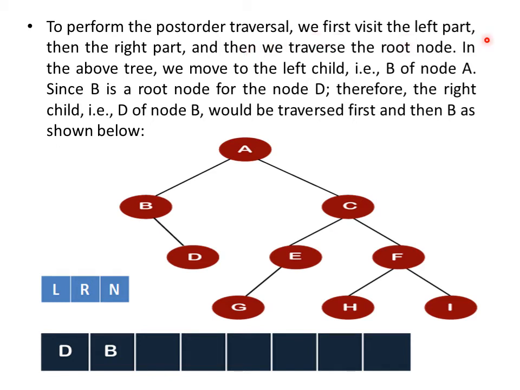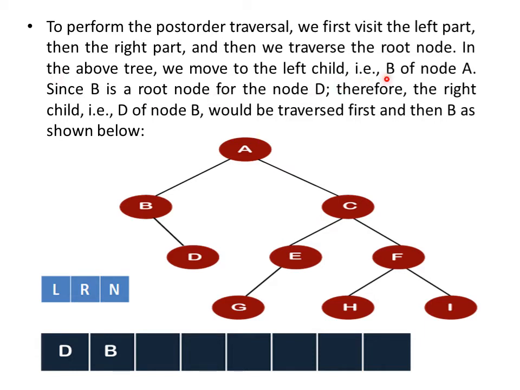We first visit the left part, then the right part, and last we move to the root node. In the above tree, I have copied the tree here, it will be easy to explain. For that reason I have taken this one. You can observe the same structure, the same tree, I have taken here.